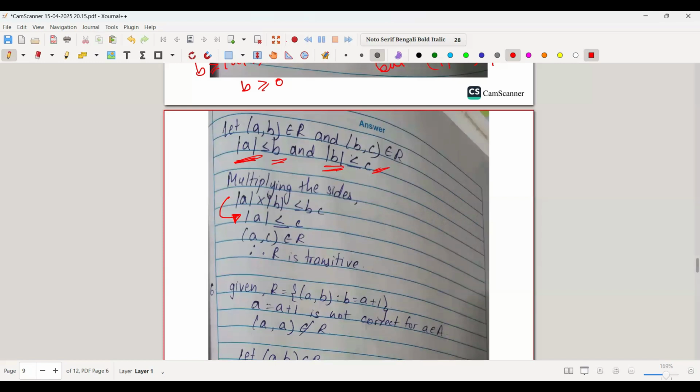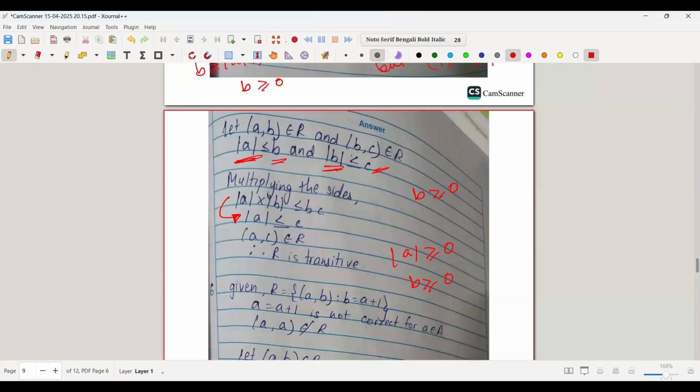You didn't notice that B is greater than or equal to 0. Because whenever mod A is less than or equal to B, and mod A is always greater than or equal to 0, that means B is greater than or equal to 0.